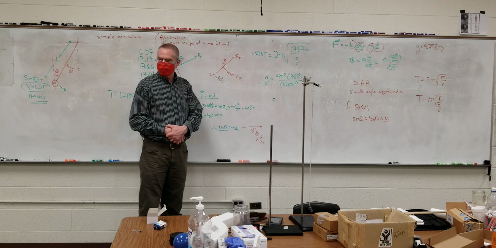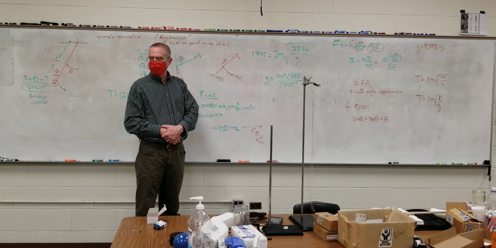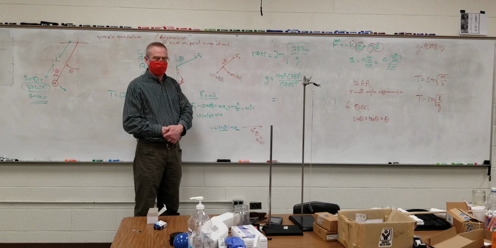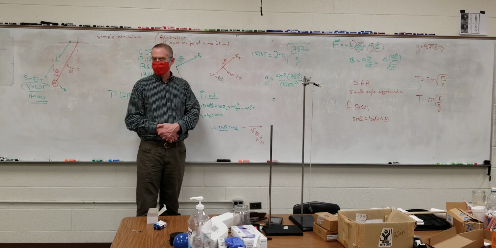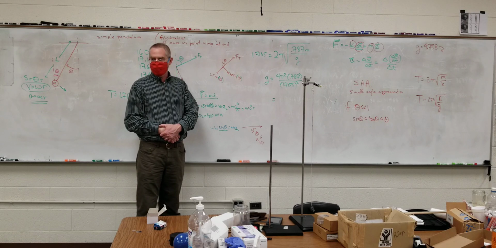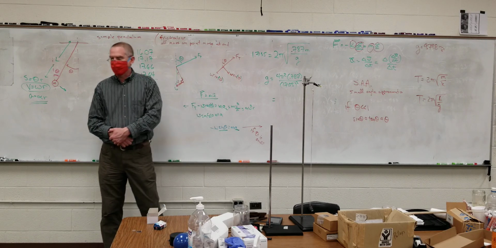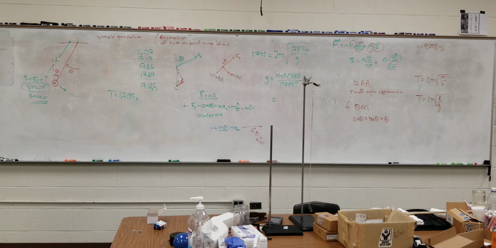I got 0.158. Did you multiply times the 4 pi squared? Yeah. I'm not sure how you got a number that low. So 4 pi squared times 0.798 divided by, oh, you're off.